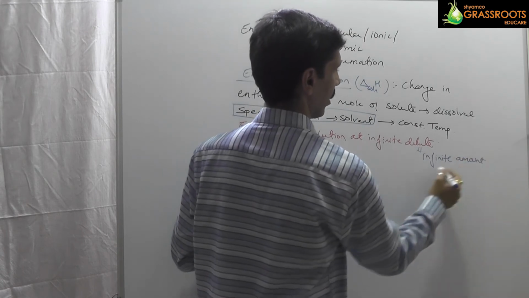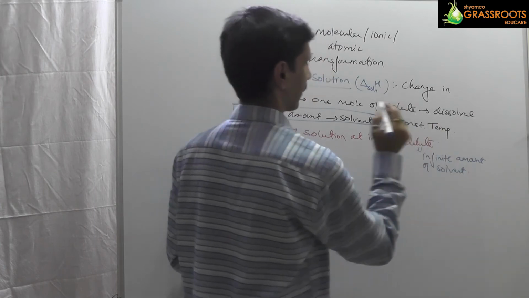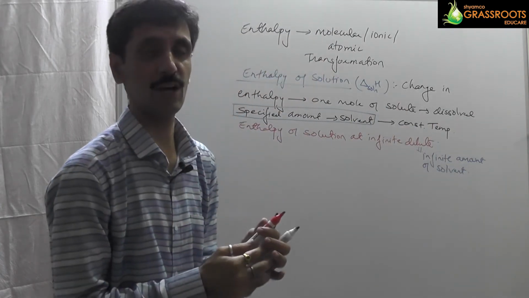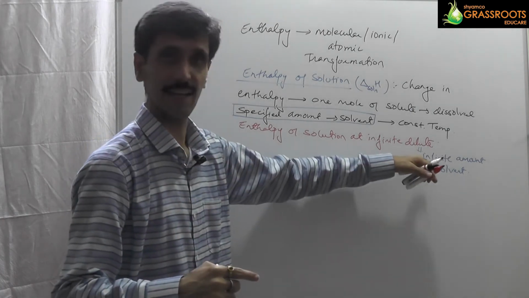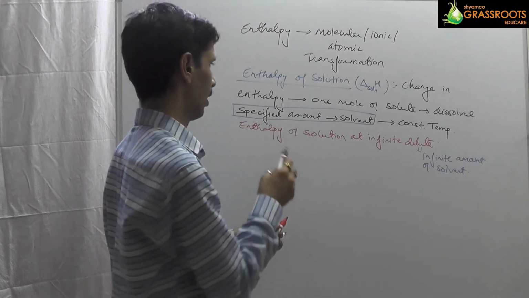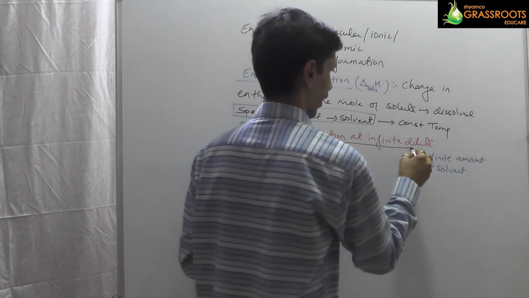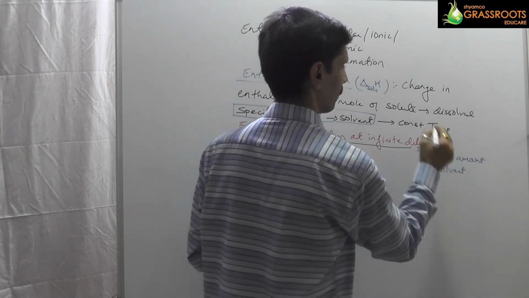In other words, it is in large amount of the solvent. Okay, solvent की मात्रा बहुत ज्यादा होनी चाहिए, should be in excess. That is what is called as infinite. तो ये दो difference है. Otherwise, the definition remains the same as enthalpy of solution at infinite dilution.